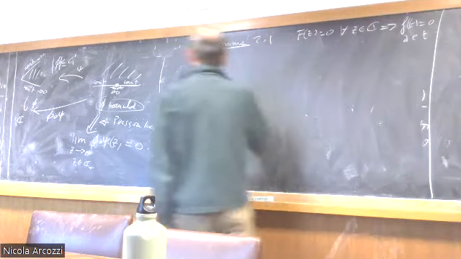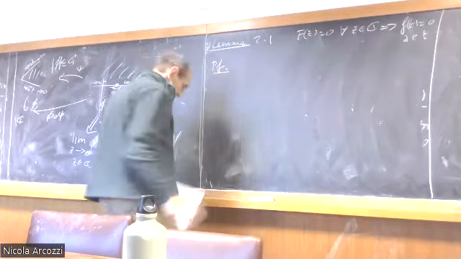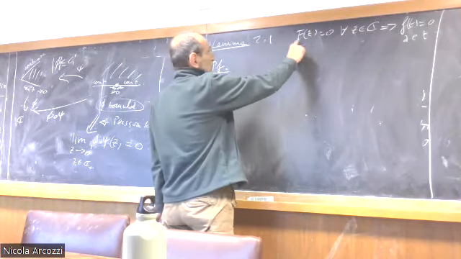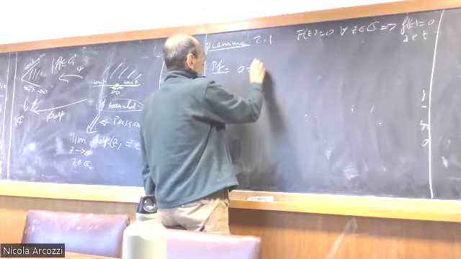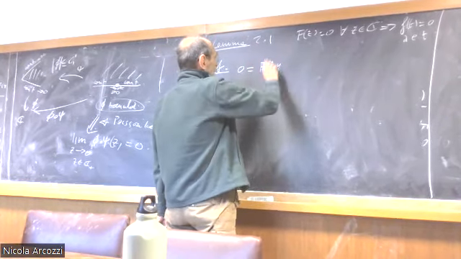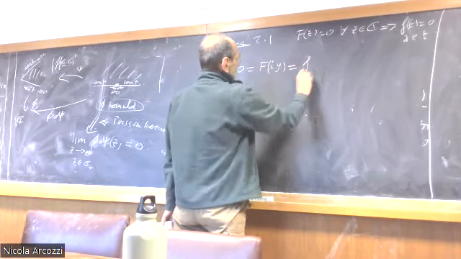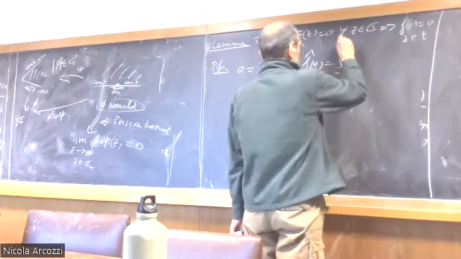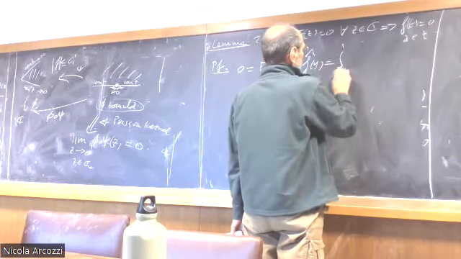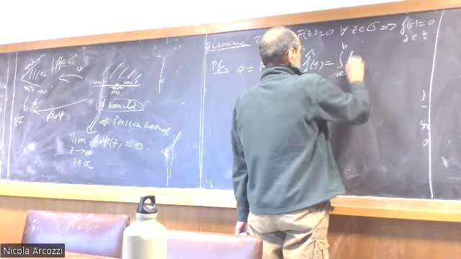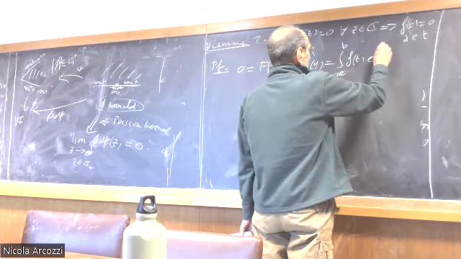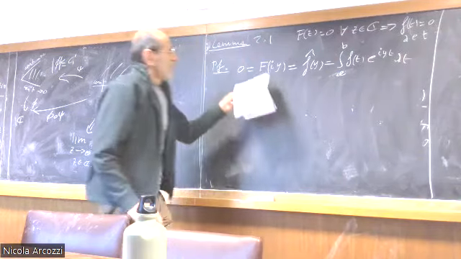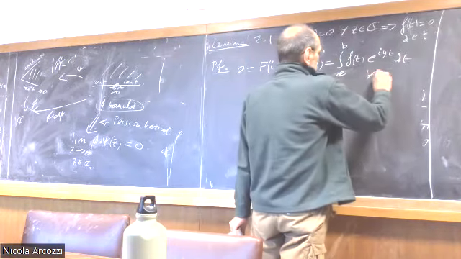That follows from basic results of Fourier theory, because the hypothesis says that 0 is equal to f of iy, the Fourier transform of f, remember, the integral between minus 1 and 1, or a and b, whatever, of f of t e to the i y t dt, for all y.